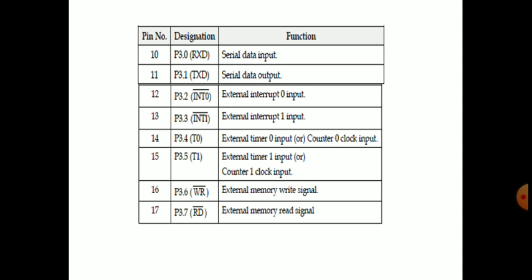To write into that memory from the 8051, we need to use 3.6, that is the write bar signal, and to read from that external memory into this 8051 microcontroller, we will use port 3.7. It is port 3, pin 7.